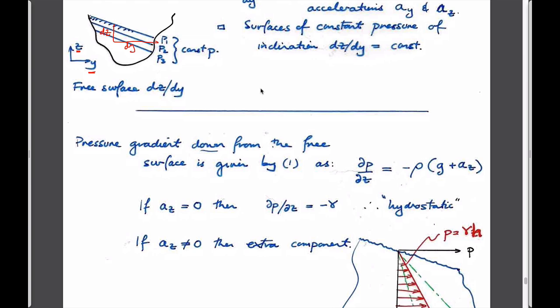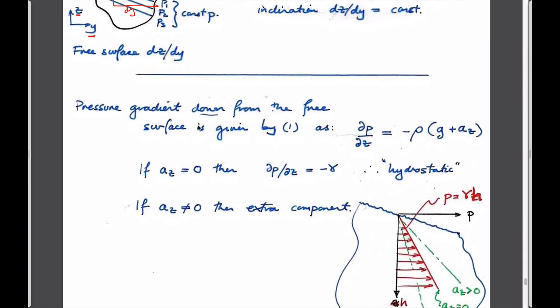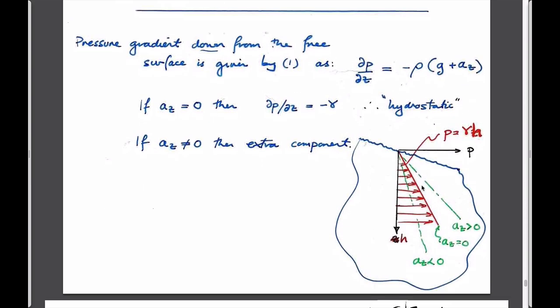And I guess the only other thing that came out of that was that if you look at the fluid pressure changes with depth, then if the fluid is accelerating upwards in the z direction, so this would be AZ, positive Z, then the pressure distribution with depth would be greater than if it was just a static fluid. And we know that because this is our new expression.